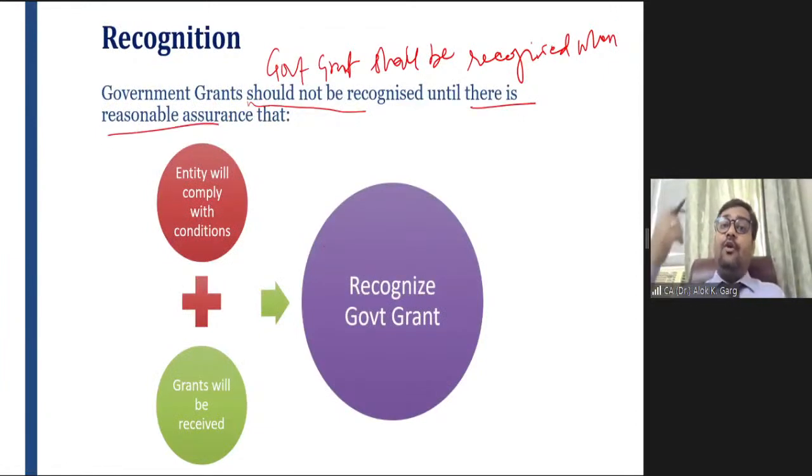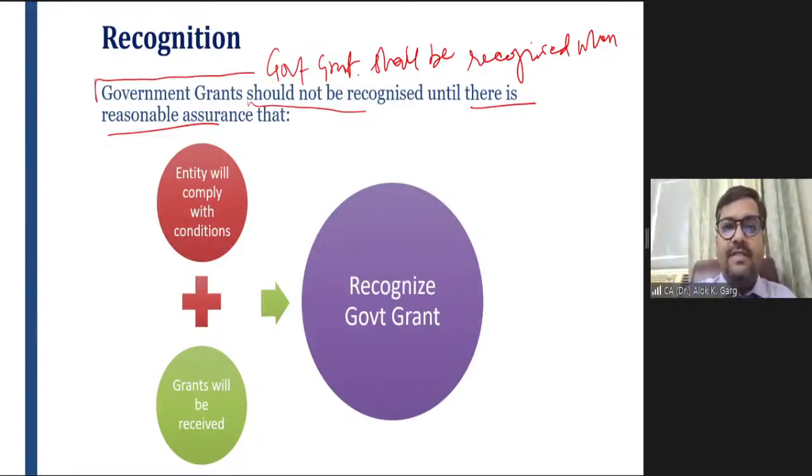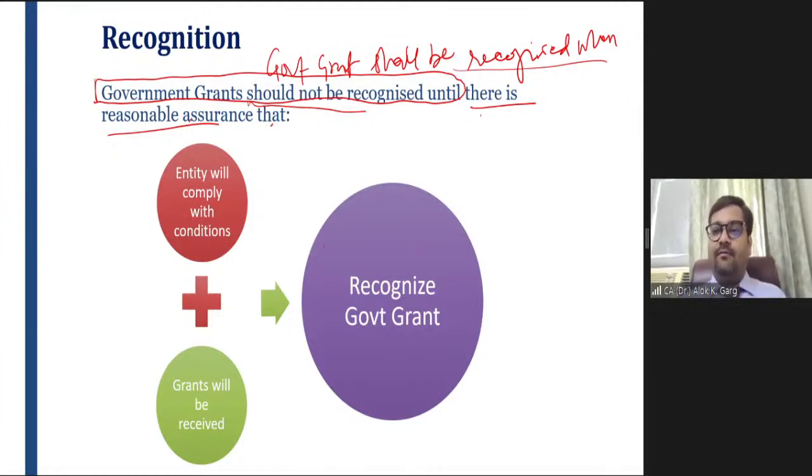So they are saying it should not be recognized until unless. Why say until unless? Instead, we can say that a government grant shall be recognized when there is a reasonable assurance that the entity will comply with the conditions and the grant will be received.